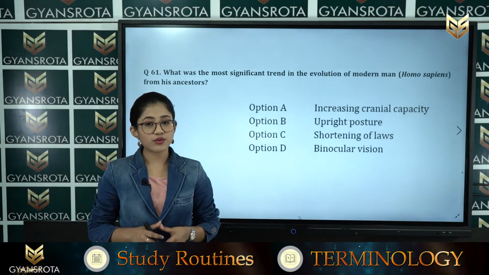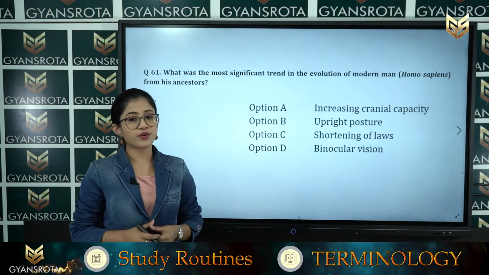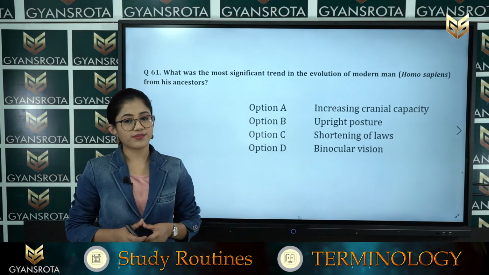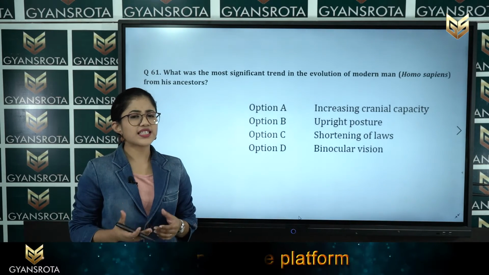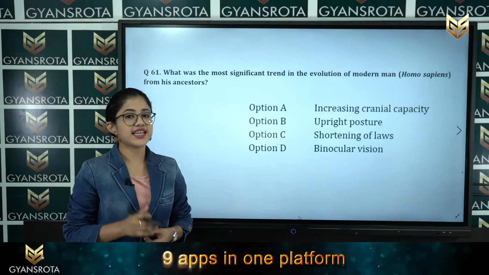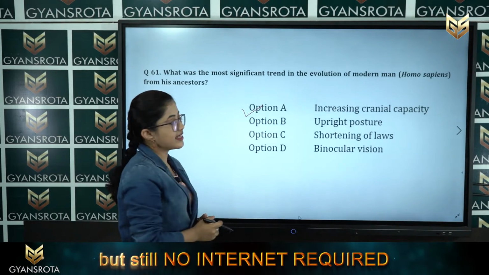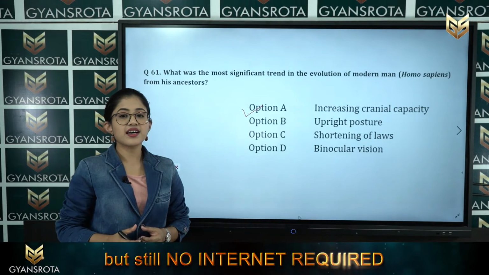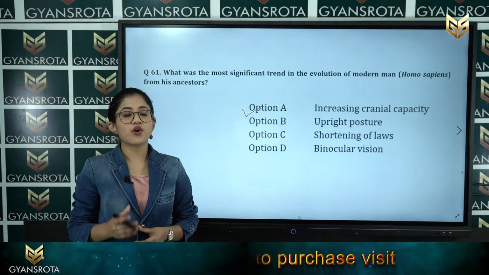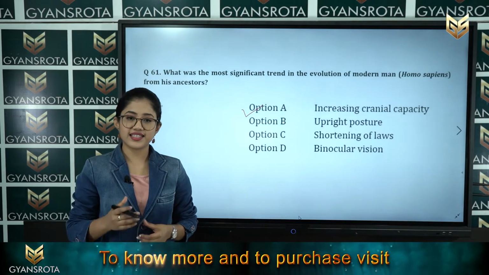This is a very easy question and it has directly come from your NCERT textbook of the chapter evolution. So what is the correct answer? The correct answer is option number A, that is increasing cranial capacity. So this is the evolution of modern man from his ancestors.